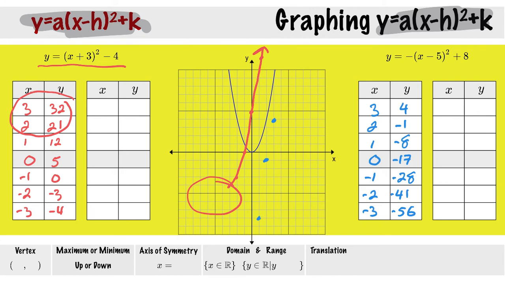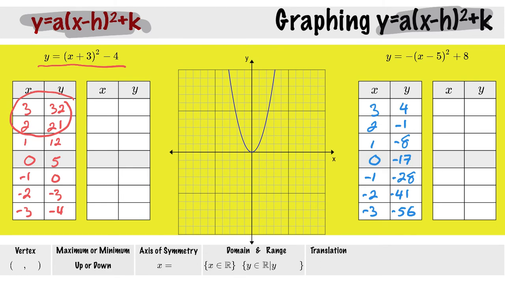Then after that, my numbers aren't that useful. So I know it's going to open down, and I know that my turnaround point is up here somewhere. But using the chart in this way isn't going to help us. So I'm just going to erase what I've done on the graph and show you how to use the chart in a more effective way.